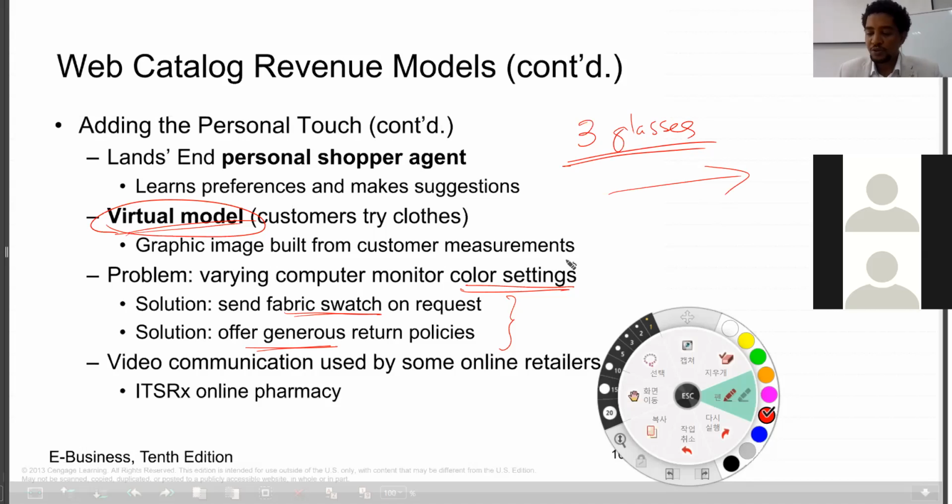So most of the companies that adopt this virtual model have this solution: they are very generous in accepting returns, or products that customers do not want to buy. Because after they buy, maybe when the product is delivered, it is not as they imagined. So the solution is to offer a generous return policy, so that if customers do not like it, they can return it.